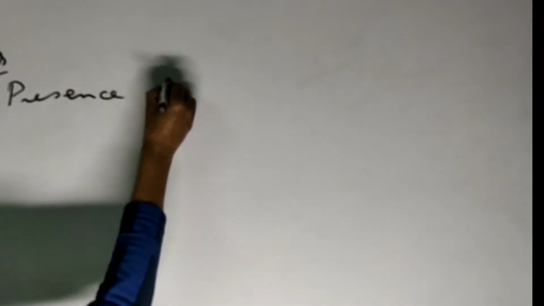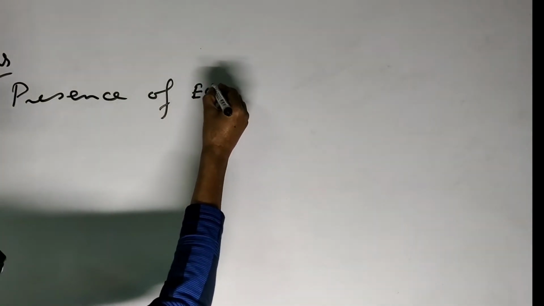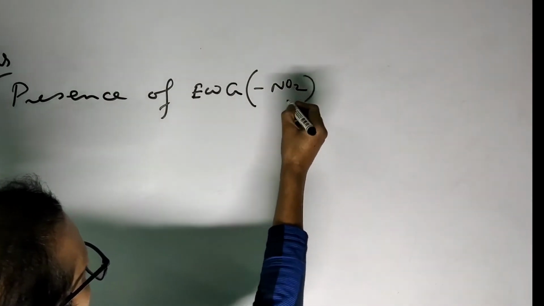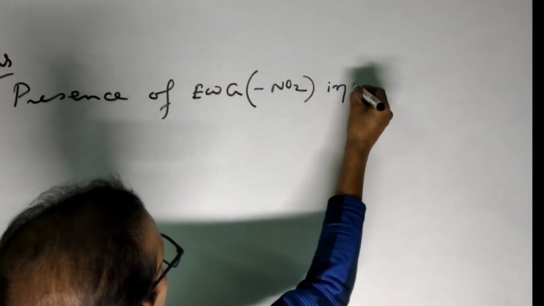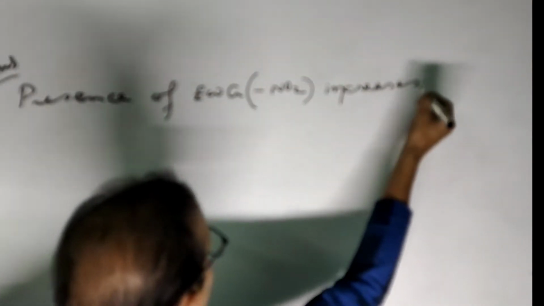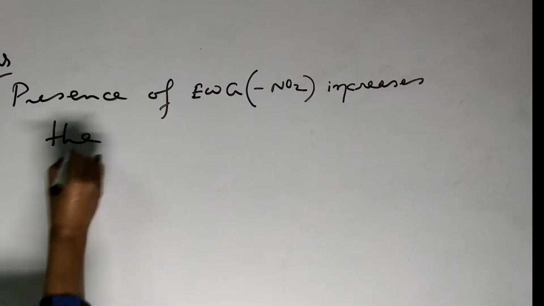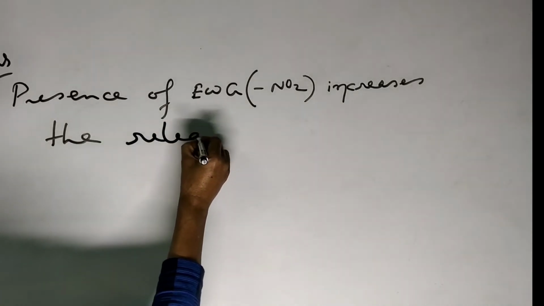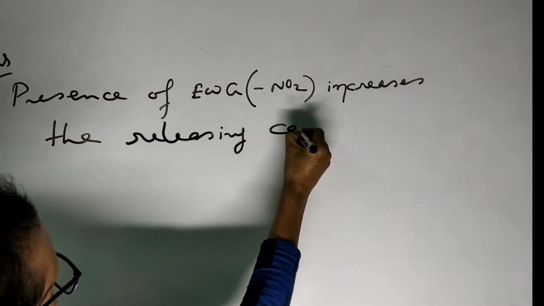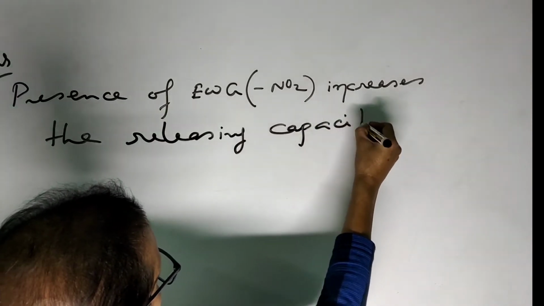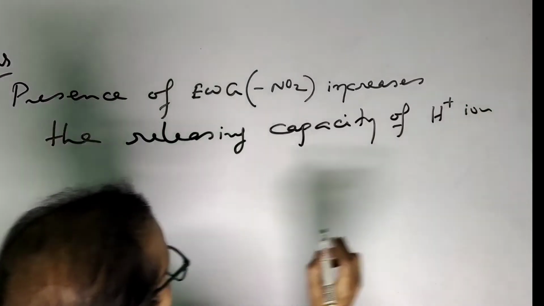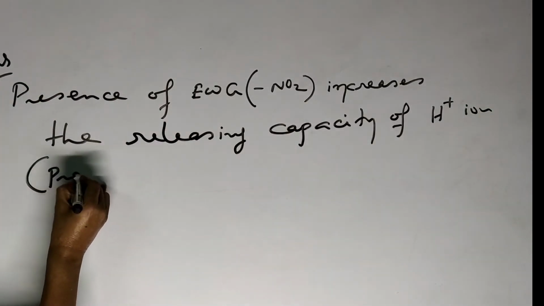Presence of electron withdrawing group, here nitro, increases the releasing capacity of H positive ion, under bracket proton.